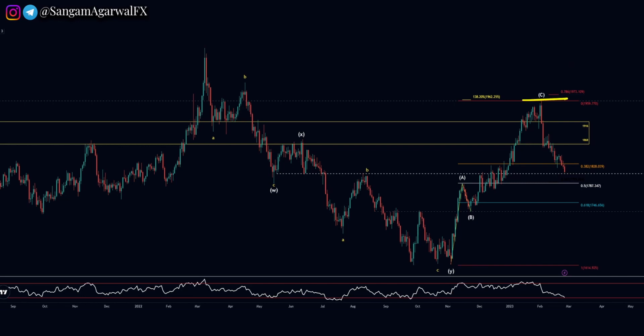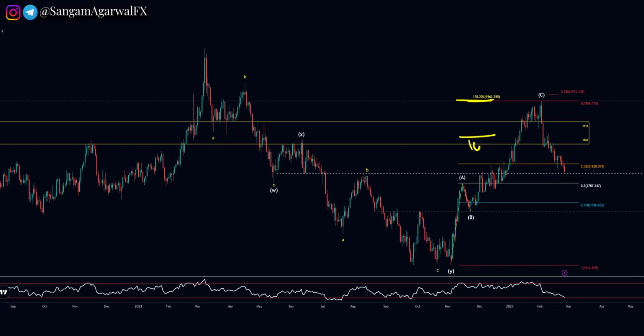But to get this top and bottom, we will use the Fib retracement and extension tools. This low you can get using the Fib retracement tool. It was near the 38% retracement. And to get the high of wave C, we will use the extension tool.